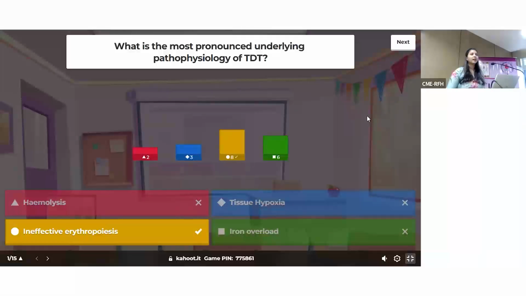Okay, so the correct answer is ineffective erythropoiesis, which is the most important pathophysiology. Going on to the next question.